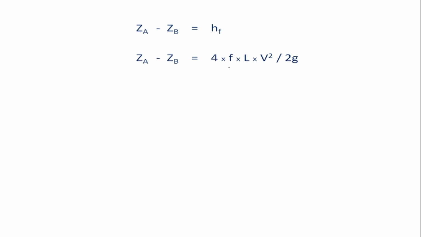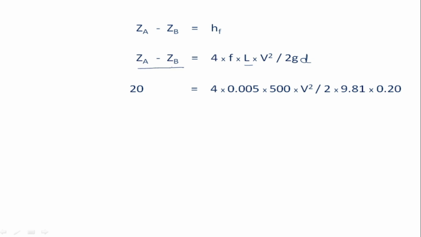We know HF is equal to 4 into FL V square by 2GD. Substitute the values here. 4 into F is 0.005. L is the length between AB, 500. V square by 2 into 9.81 into diameter, 2GD.